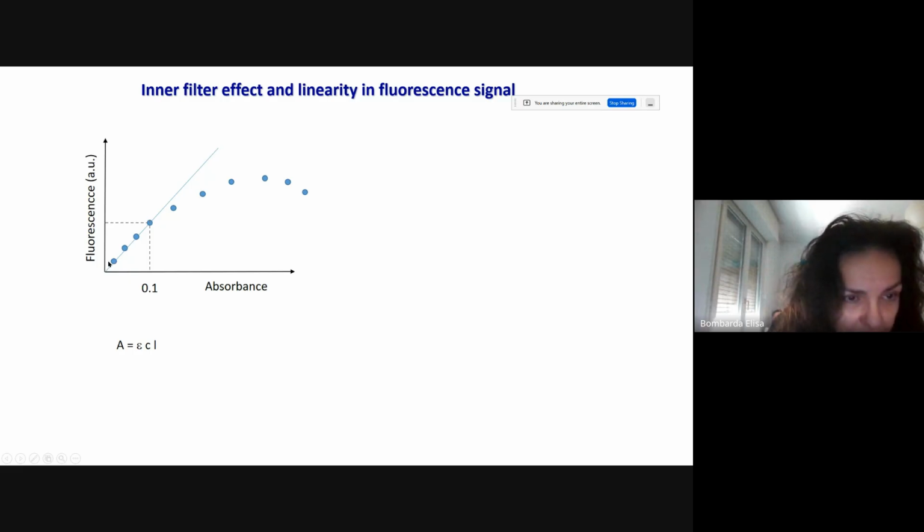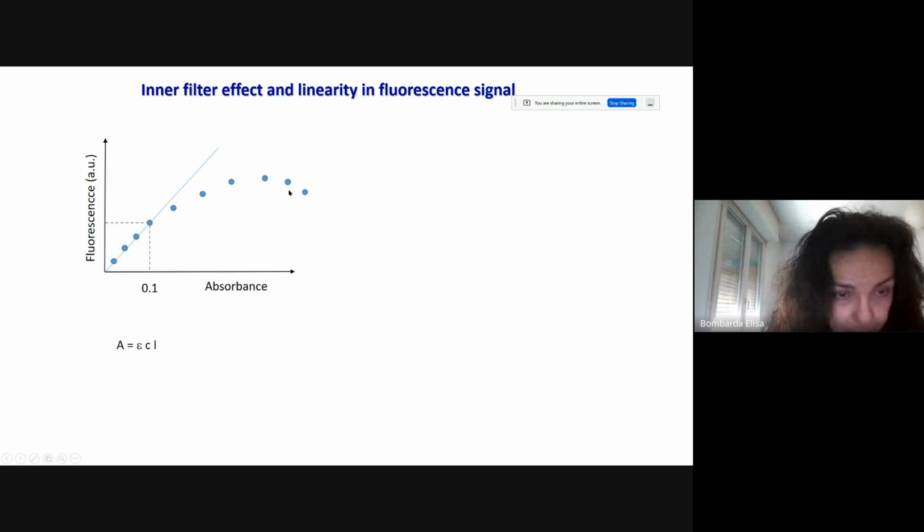And what we observe is that initially, of course, as I increase the concentration of the fluorophore, I increase the signal, and the fluorescence is increasing linearly. Then it starts to increase, yes, but less, till even decreasing.